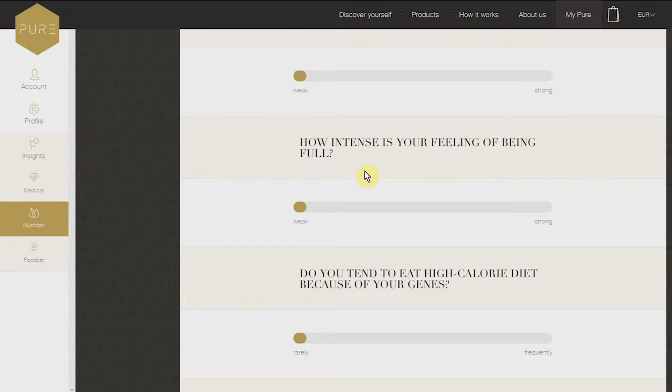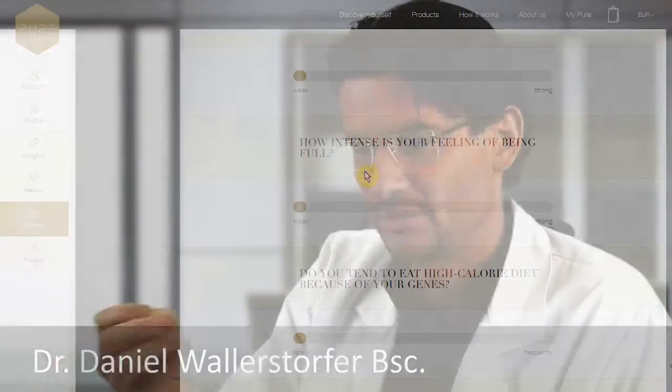And the same goes for the feeling of satiety, or the feeling of being full. When you eat a meal, the first nutrients reach your small intestine, and then certain hormones are being produced that start to tell your body, okay, thank you, I'm no longer hungry. So your feeling of satiety starts to develop. And this is faster in some people and slower in others.